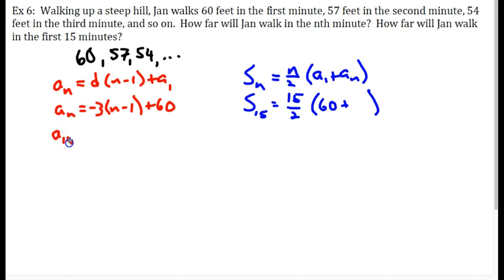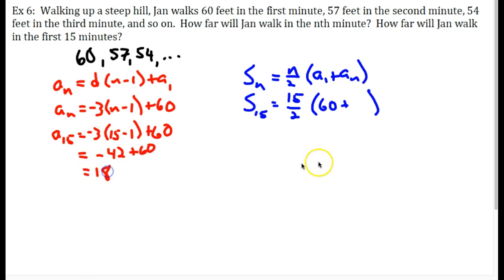So a sub 15 is going to be negative 3 times 15 minus 1 plus 60. Negative 3 times 14 gets me negative 42. Negative 42 plus 60 gets me 18. So that's the value that's going to go right here. 18 is my final term.